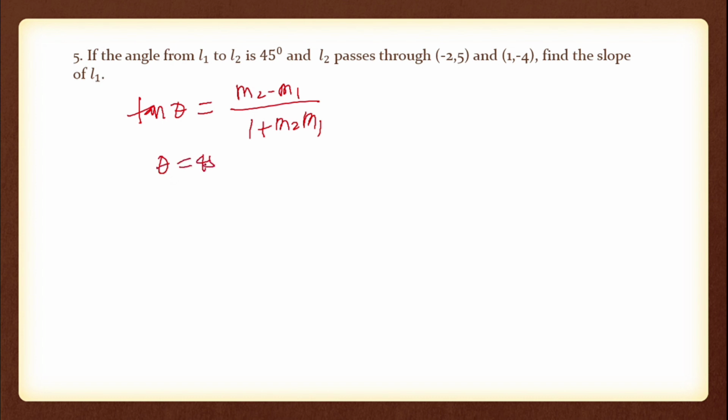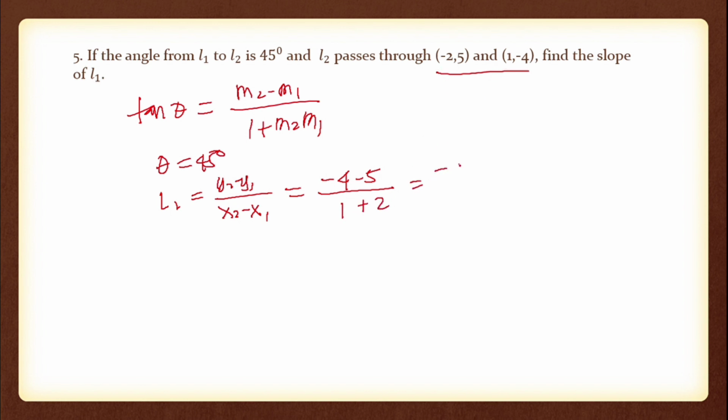And we have to compute for the slope of L2, which is y sub 2 minus y sub 1 over x sub 2 minus x sub 1. So using the points, it is -4 minus 5 over 1 plus 2, right? That's -9 over 3, which is equal to -3. So this is the slope of L2.